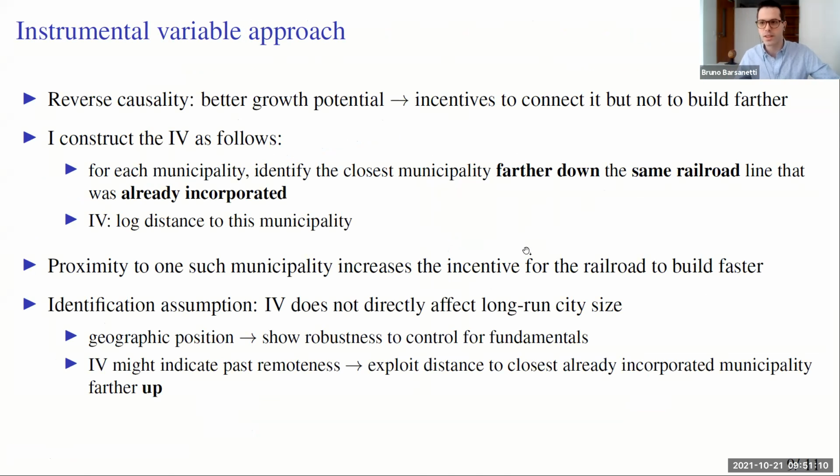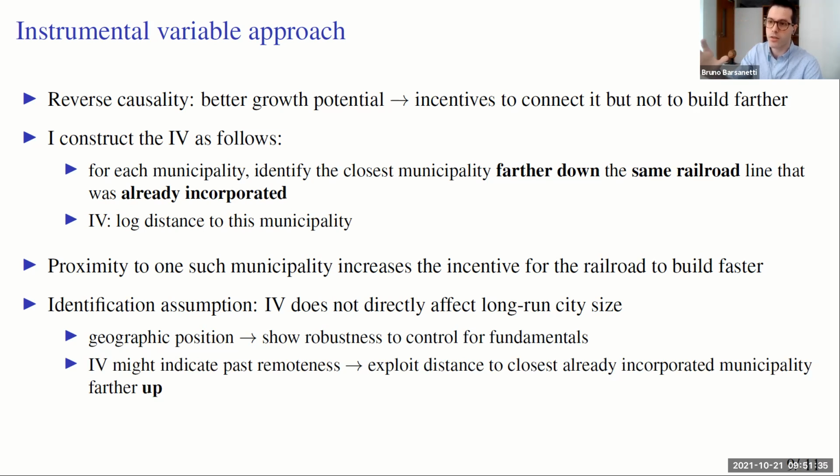So basically, to wrap up, what I showed so far were these OLS results, and a concern we might have is that there might be some reverse causality explaining that. To understand that, suppose there is a town, and even despite geographic fundamentals, we think that this town is going to boom and grow.